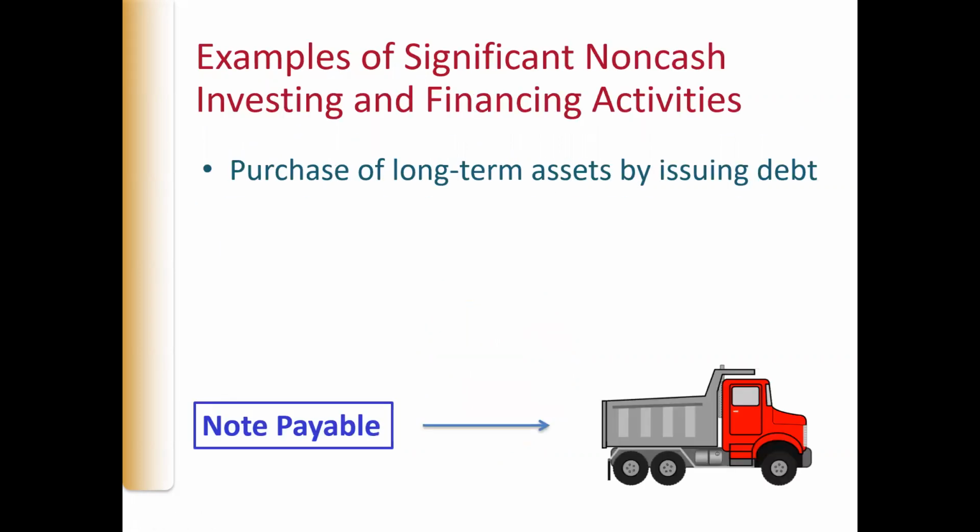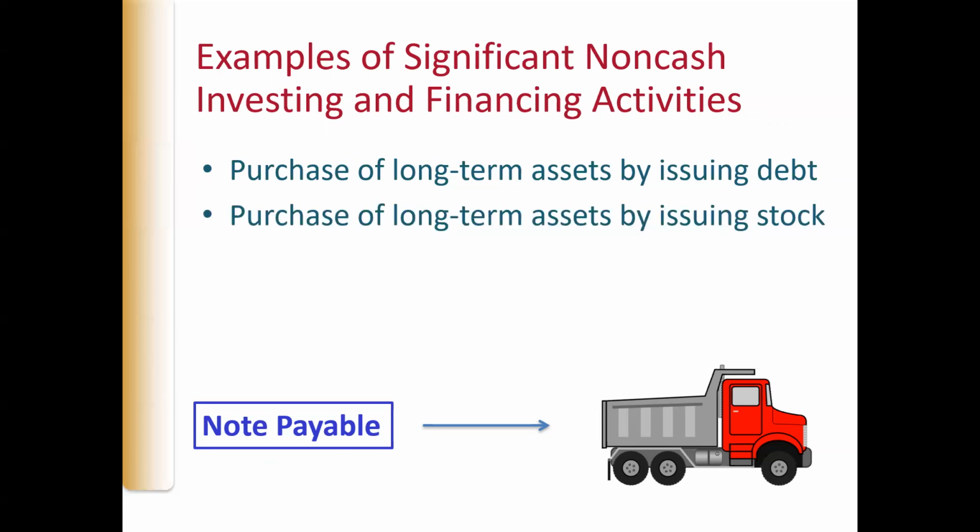So let's say you purchase a truck by taking out debt. So there's no cash involved. You acquire a truck and the entire amount is financed through debt. Then this would be a non-cash activity. Cash was not handled.